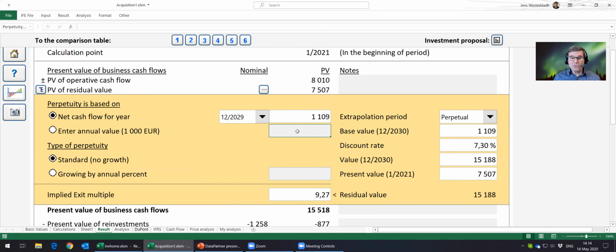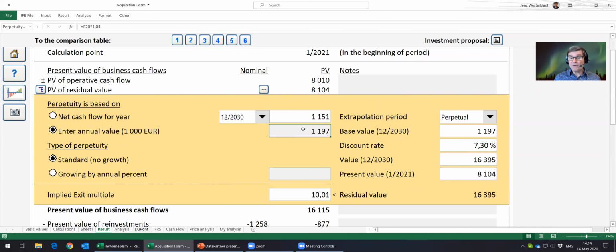Or maybe I want to make an adjustment. Maybe I want to base it on the 11th year, take it multiplied with 1.04, continue growth, 4% for the 11th year, and then base the valuation on that number.